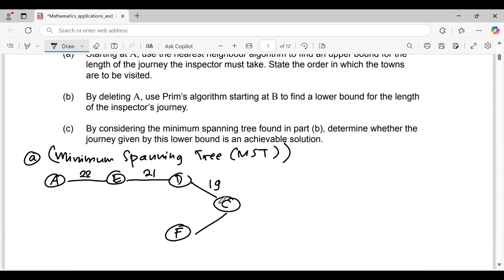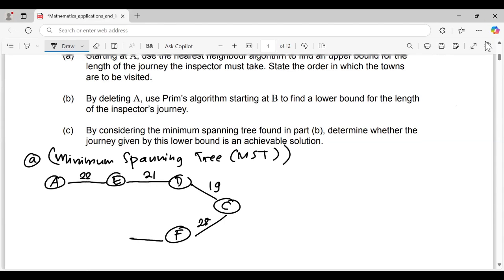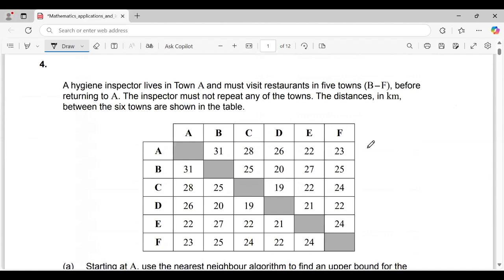Okay. F 25. And the next city nearest to F, D already. We visited already. D. It means C and E already.